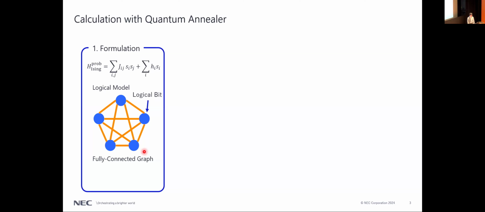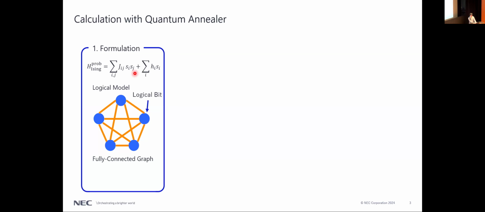First, I explain the process of solving combinatorial optimization problems using quantum annealing. We start by formulating the problem as an Ising model. An Ising model is written as a quadratic expression, and the second order means the interaction.